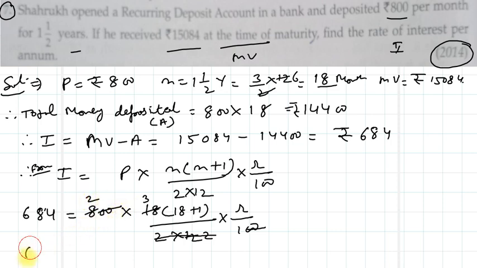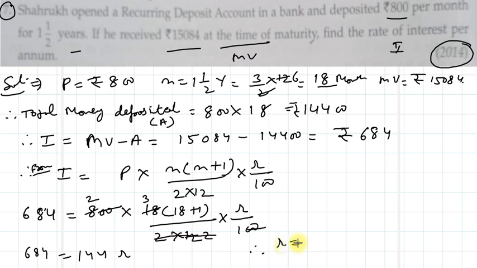So 684, 3 2 ja 6 plus 3 2 ja 6, 3 2 ja 6, 18 plus 1 9, 19, 19 6 ja 144 r.